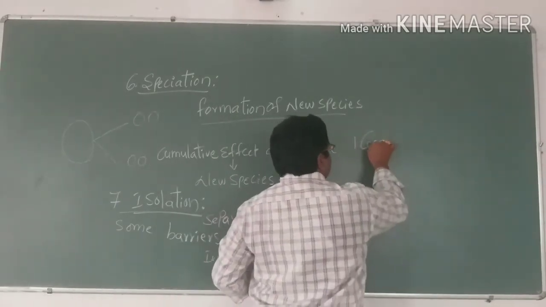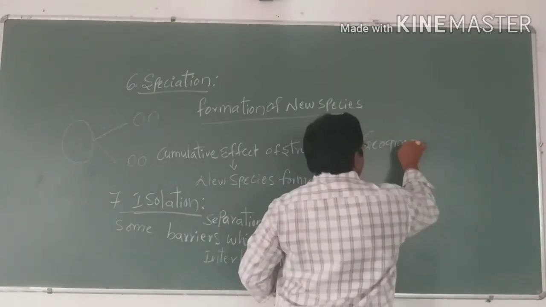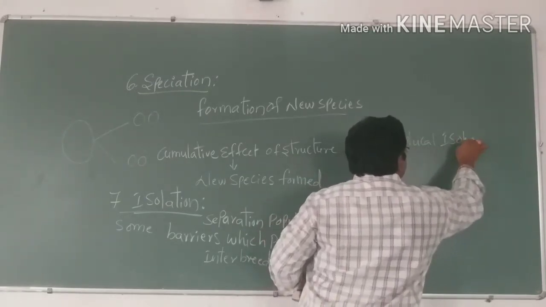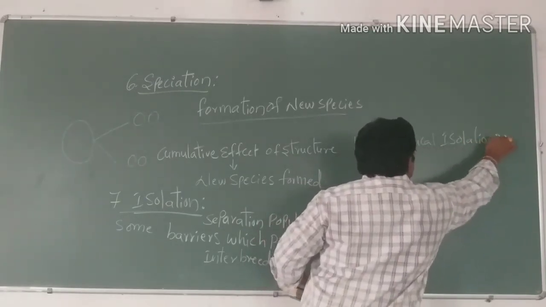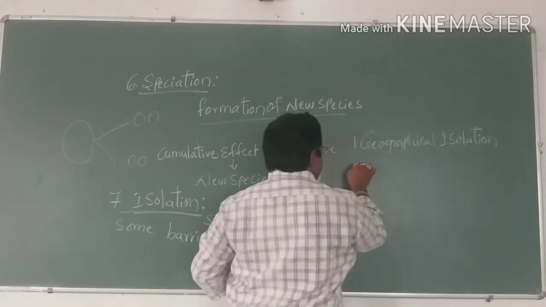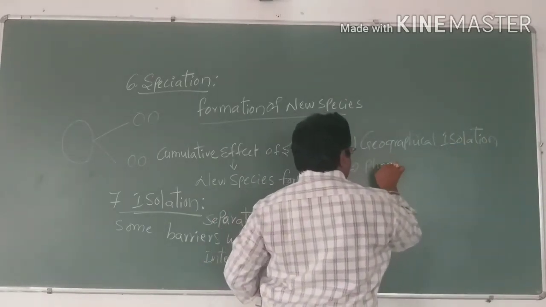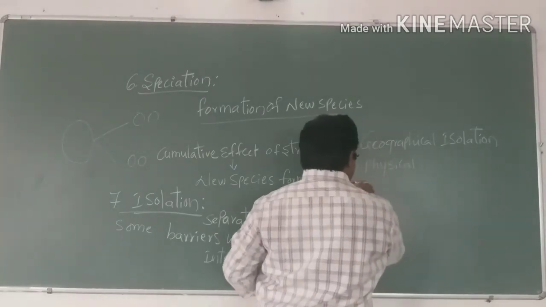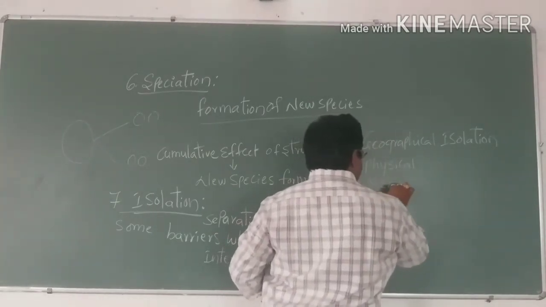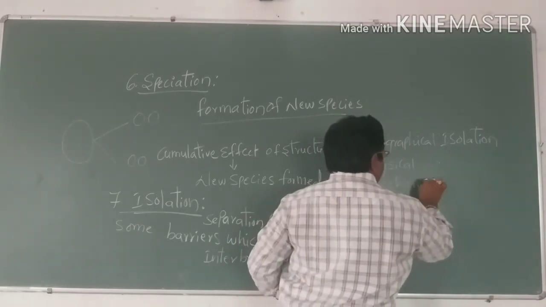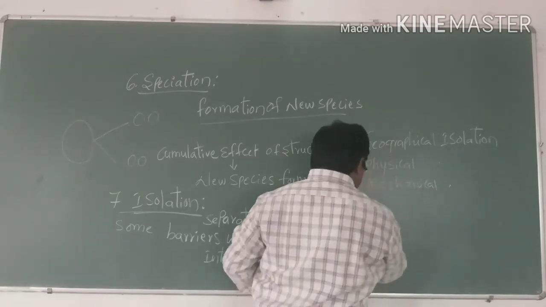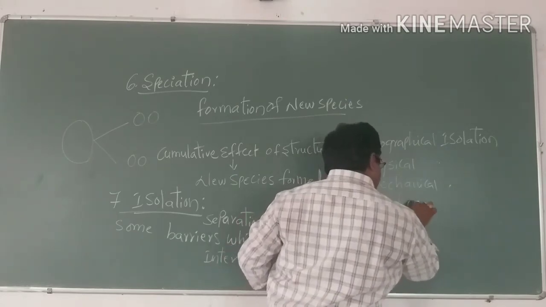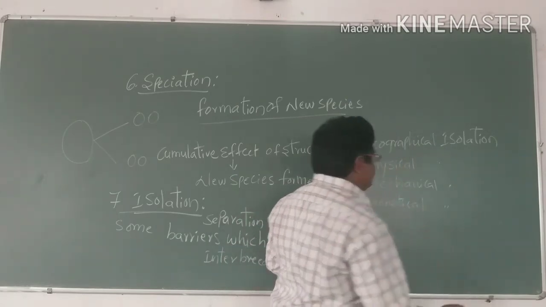First one is geographical isolation, and second one is physical isolation. Third one is mechanical isolation, and fourth one is the genetical isolation.